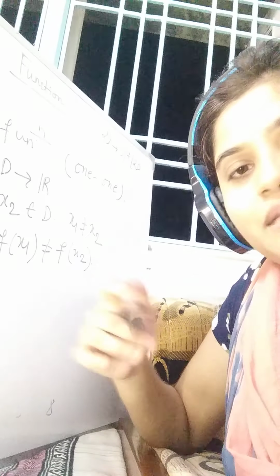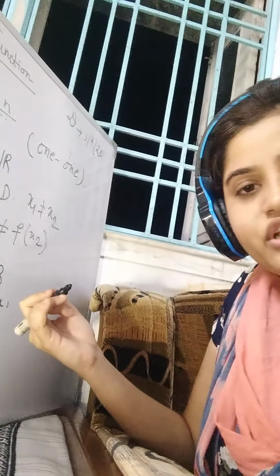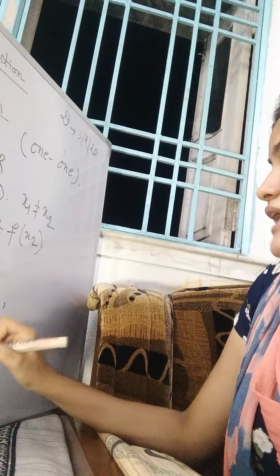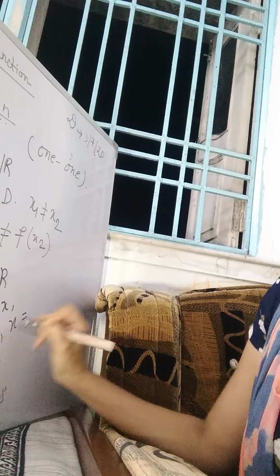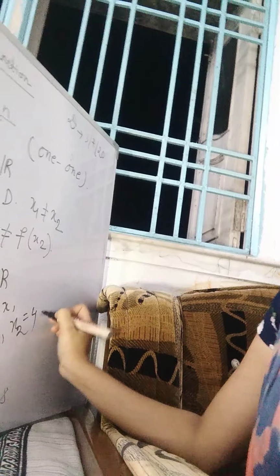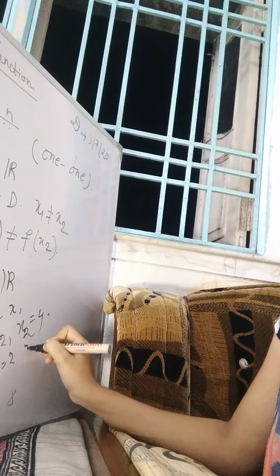Now we are taking an example. Take f from R to R such that f of x equals x. It is also an injective function, because if x1 equals 2 and x2 equals 4, then f of x1 equals 2 and f of x2 equals 4.